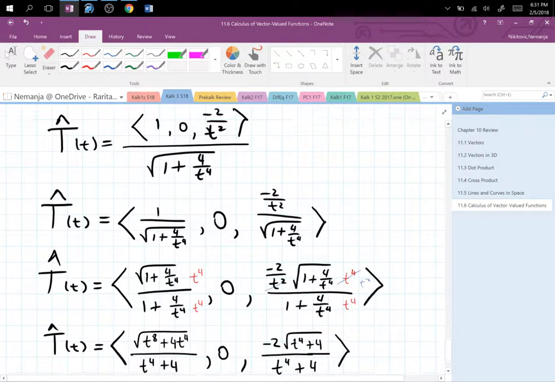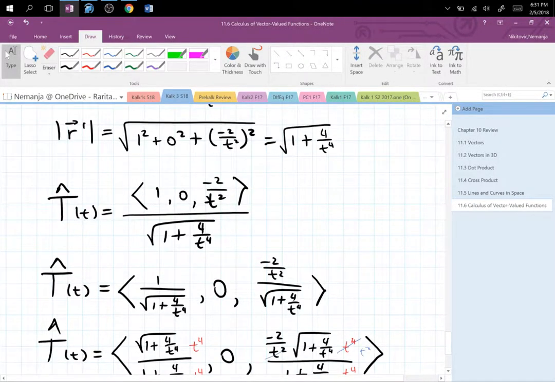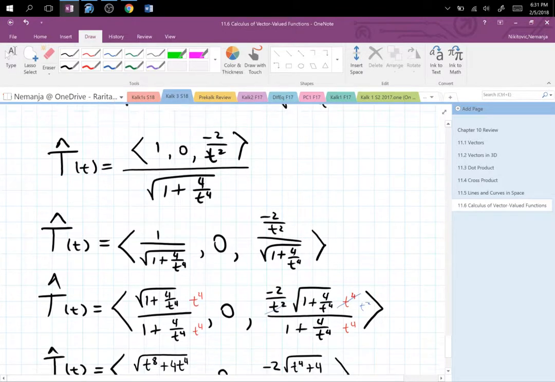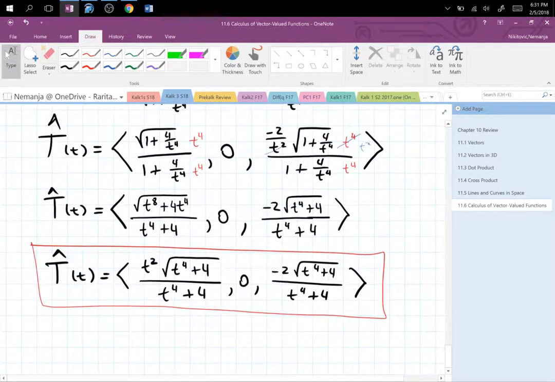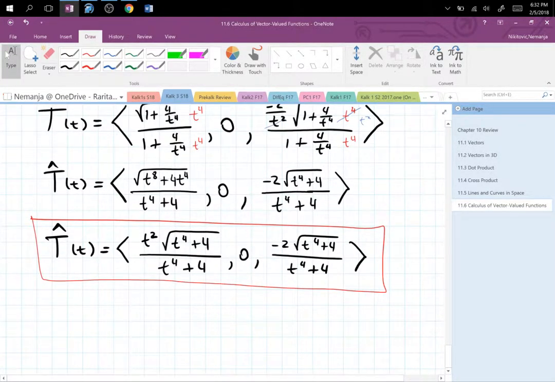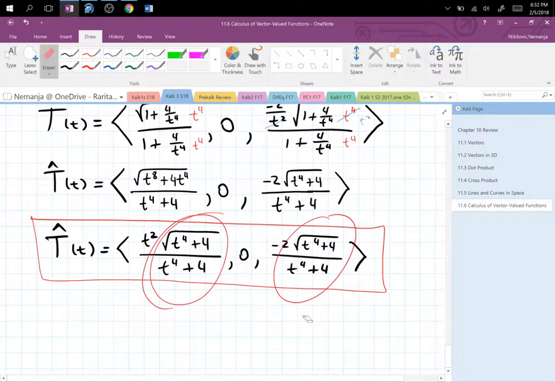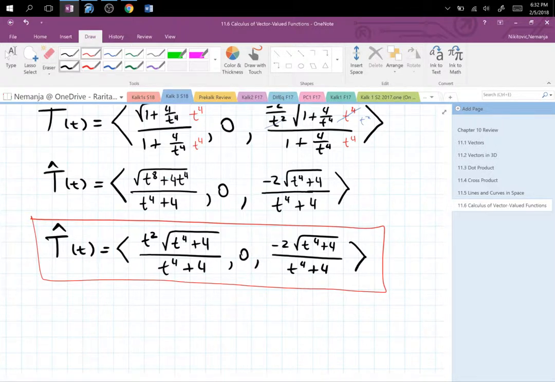Now that's much better form than what we had up there. If you are to go further with this for the unit normal, your principal unit normal vector later on, note that these are the same, right? If they are the same, you can actually just keep them as the square roots in the denominator and then take derivatives.